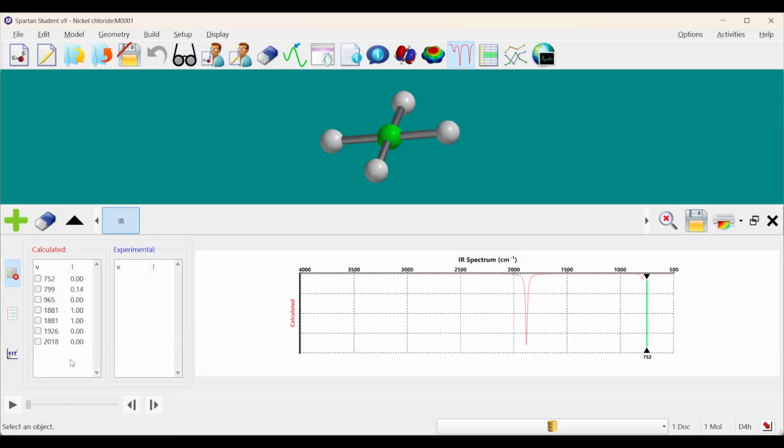In the IR, I can only see things if it changes the polarity of the molecule. So there are 4 possible vibrations that are stretches. Here's one.